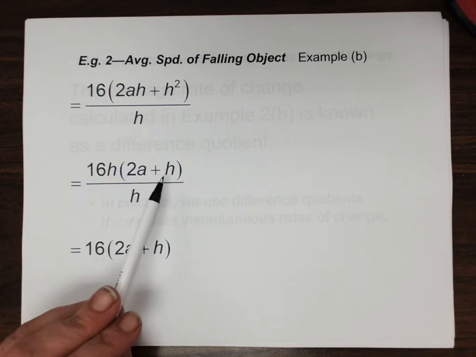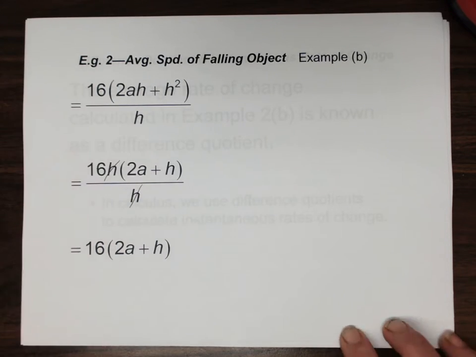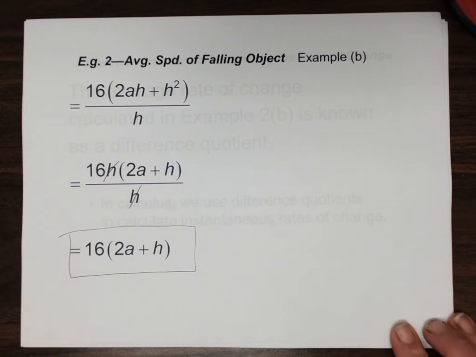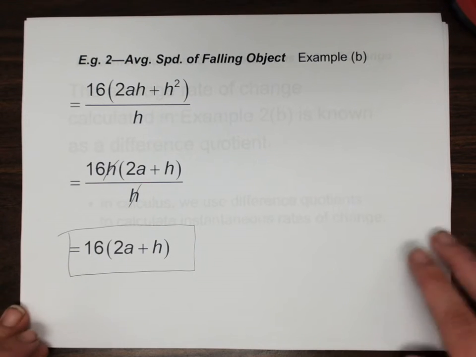So pulling this h out of the top here has now allowed us to cancel those two h's and be left with this simplified expression. And then if we knew what this height differential is, if we had these two values, we could calculate the speed of this falling object.